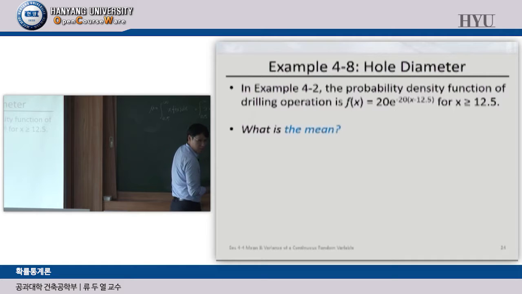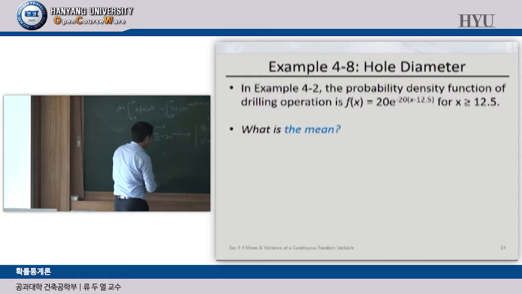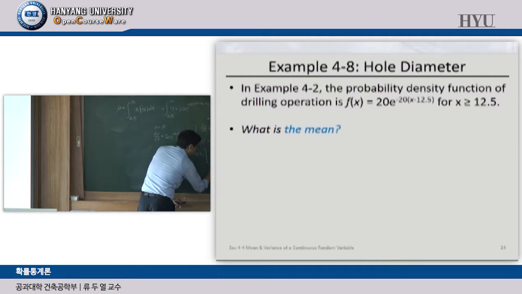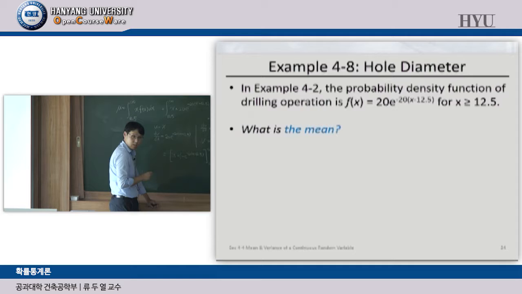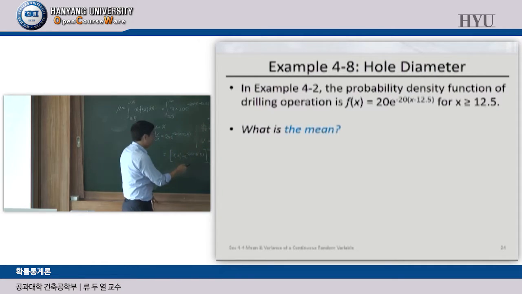first one is u multiplied by v, right? So, u is here and v is here. So, x multiplied by minus e to the minus 20 (x minus 12.5), from 12.5 to infinity, okay? Minus, what is v? v is here, right?